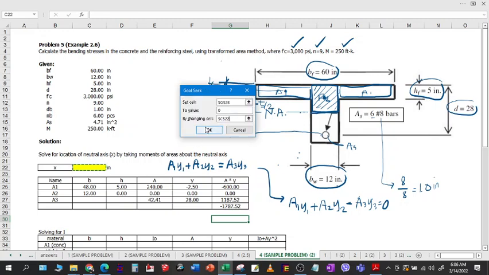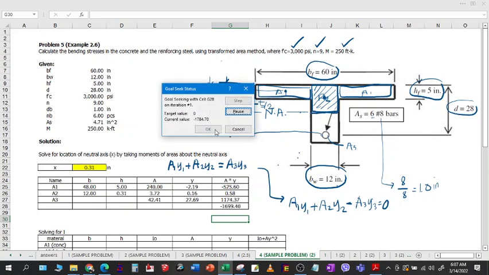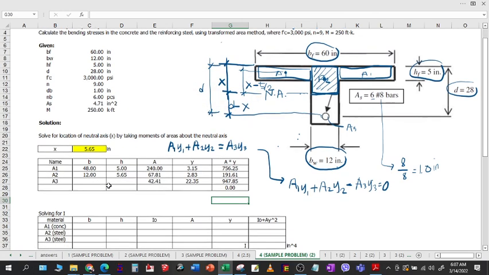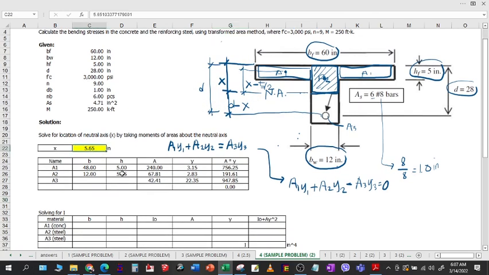So when I press OK, Microsoft Excel is going to look for a value in X that will make this cell 0. Alright, so it was able to find X, and X is 5.65. Okay, so X now is 5.65.